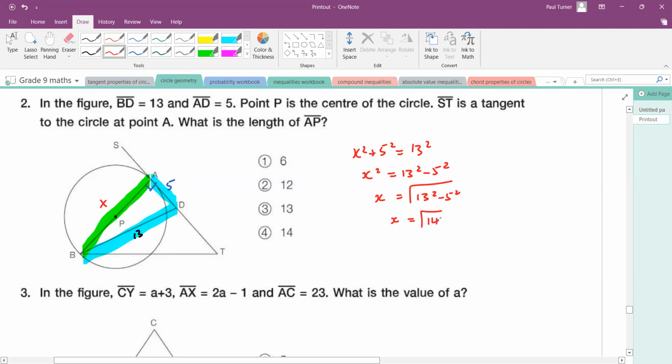We should write that first, if you like. So that would be 12. So this length here is 12, isn't it? This is your diameter. But remember, in the question, it only wants the length AP, so it's only going to want half of that length. So 12 divided by 2, which is the radius, would be 6. So the correct selection here is 6.